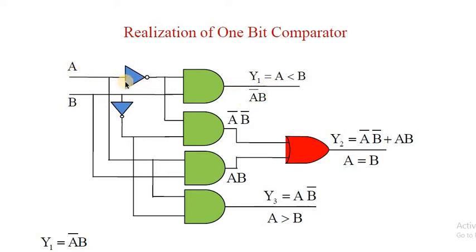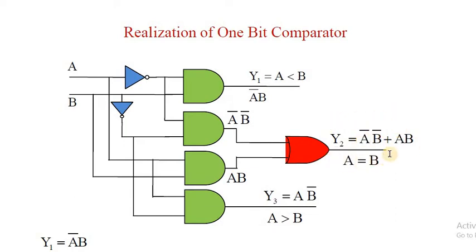A goes through a NOT gate, also called an inverter, which gives A bar. A bar and B go to an AND gate, therefore A bar B. Just like that, A bar and B bar are given to the second AND gate. For the third AND, AB is given, because y2 is equal to A bar B bar plus AB.